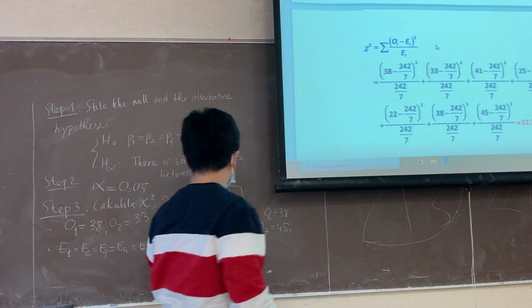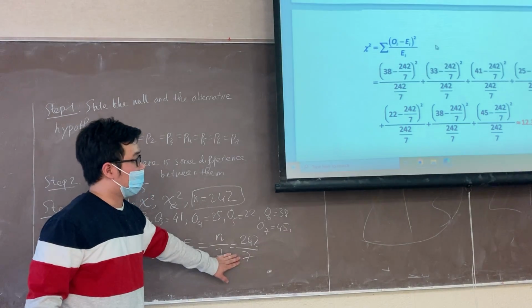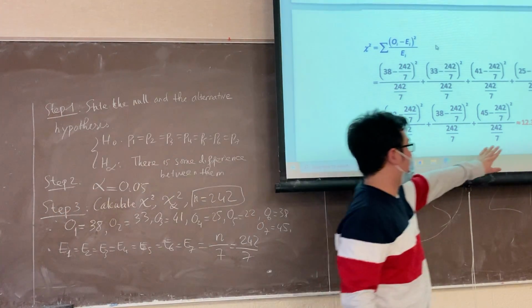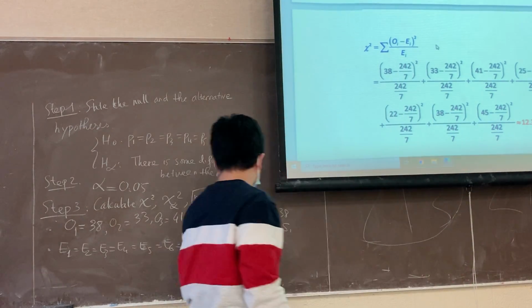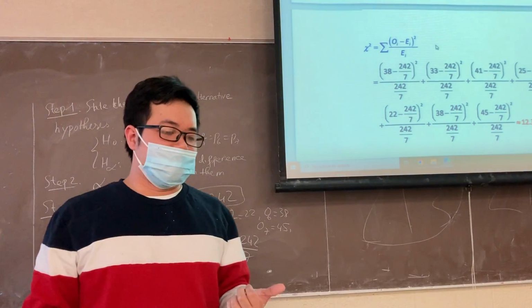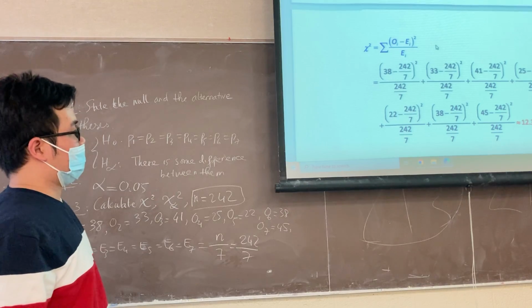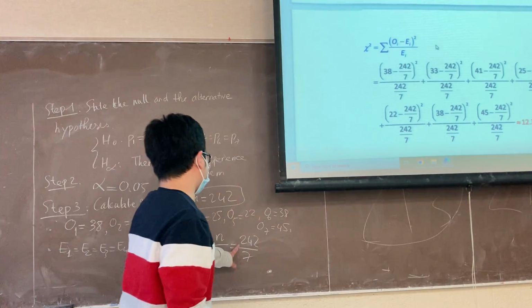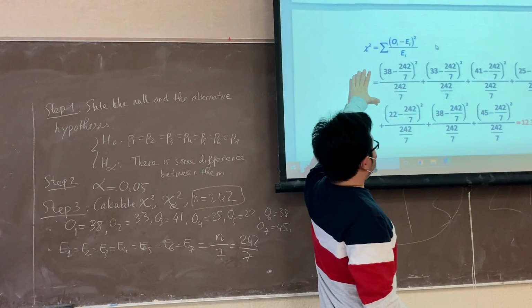You don't need to round this value. Keep it in fraction and round later. Don't round at the beginning, otherwise you will get an error when you make the calculation.